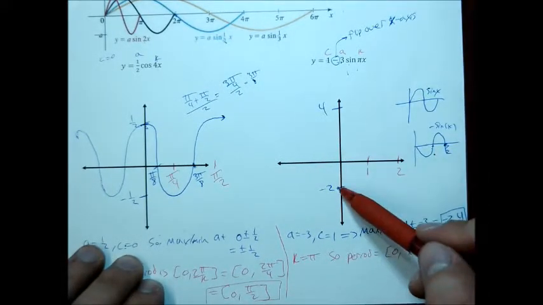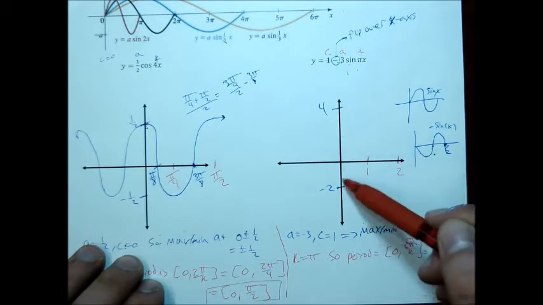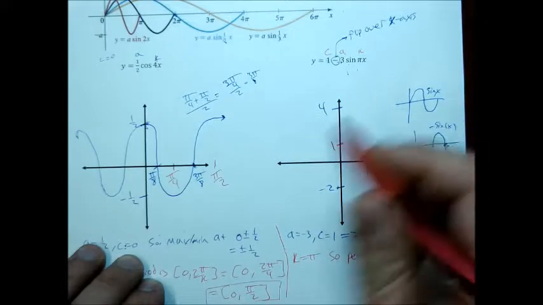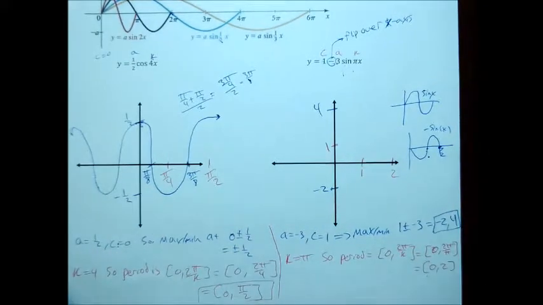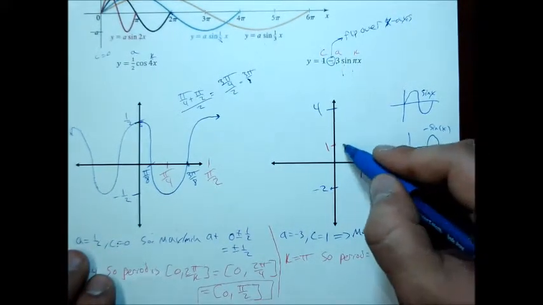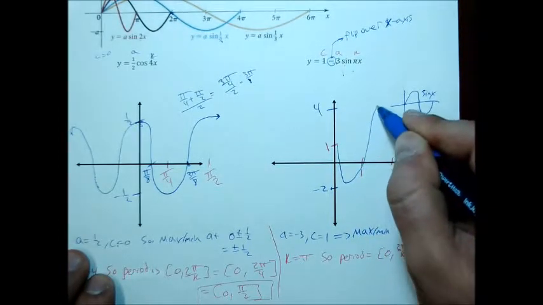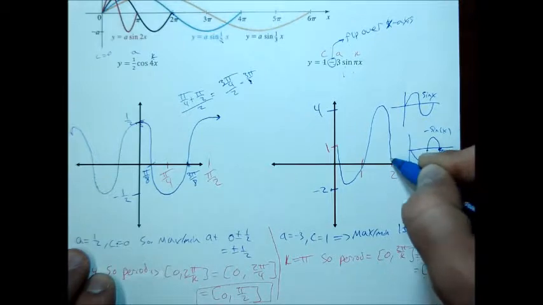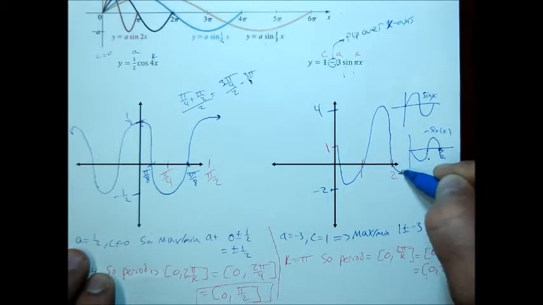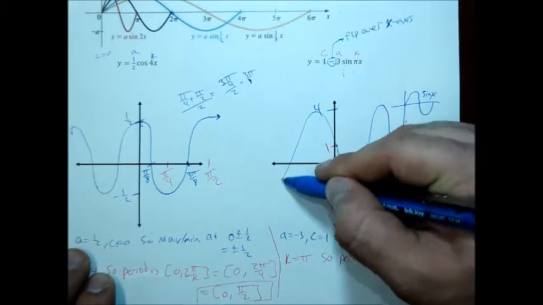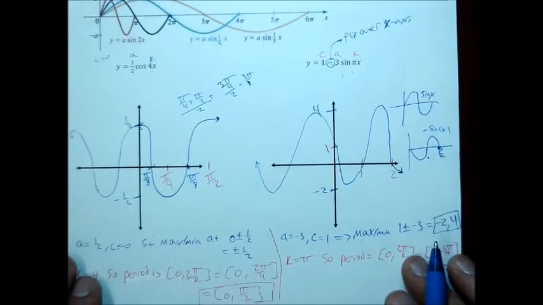The y-intercept is going to be halfway between those two values. Halfway between those is at 1. And so the graph is going to look like this. And of course it'll keep going. I'll just sketch out one from the left as well. We'll do a similar thing over there. Okay, great.